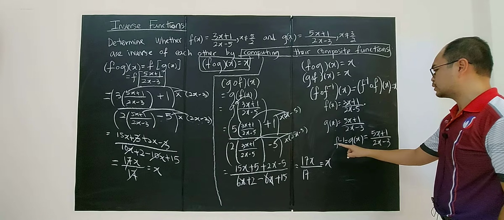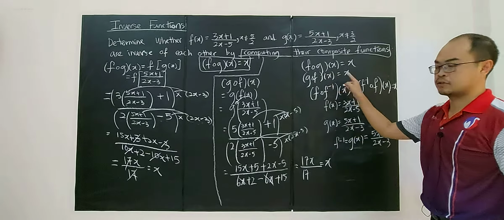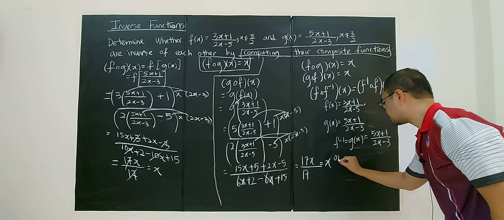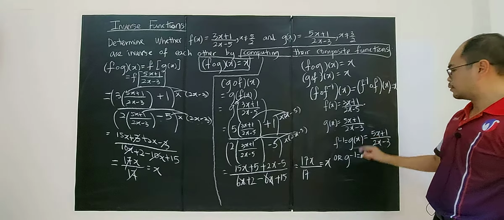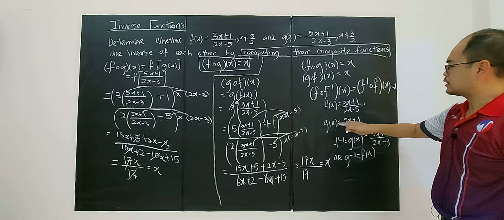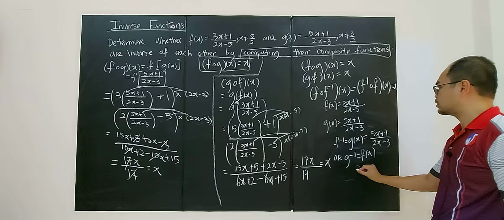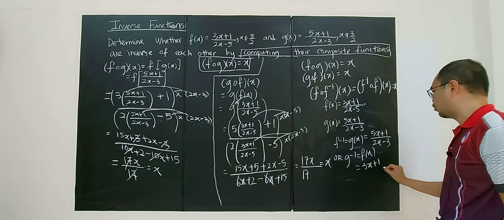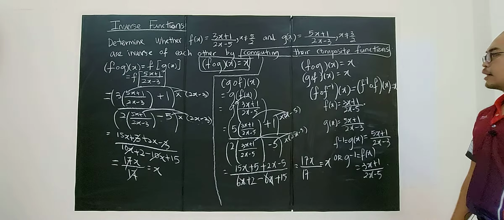Means you can straight away deduce the F inverse from the result here. Or you can say the G inverse will be the F of x, because they are inverse to each other. Means the inverse of G will be F, which is 3x plus 1 over 2x minus 5. As simple as that.